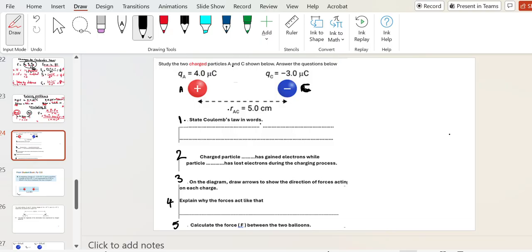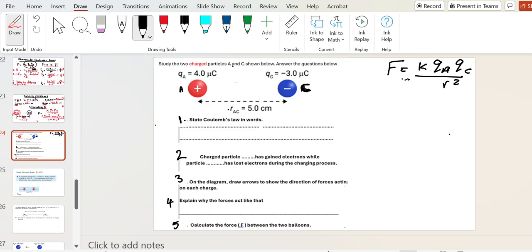State Coulomb's law in words. Remember, Coulomb's law, we have to write this formula. We have A and C, so I will write QA and QC divided by R squared. I have to put this in words.